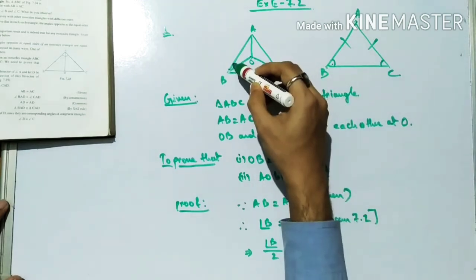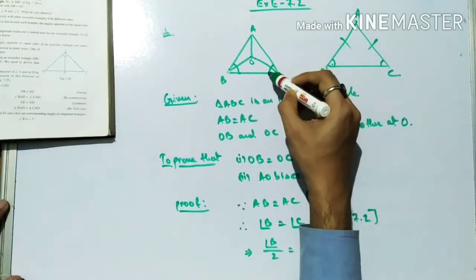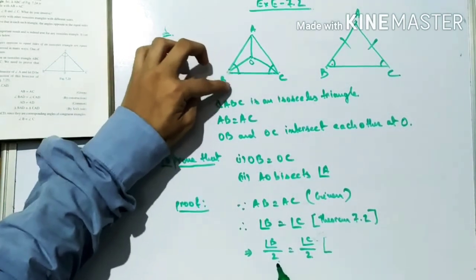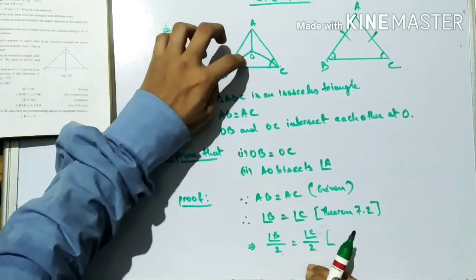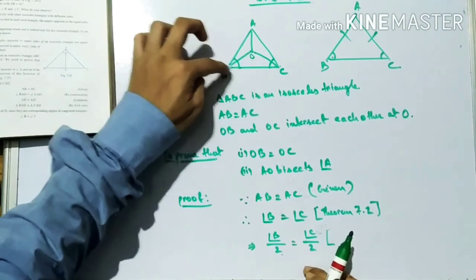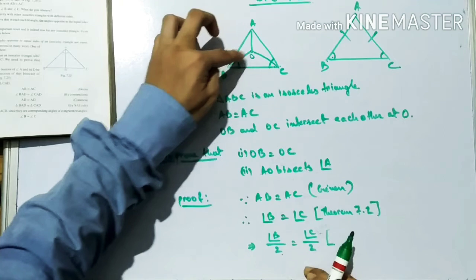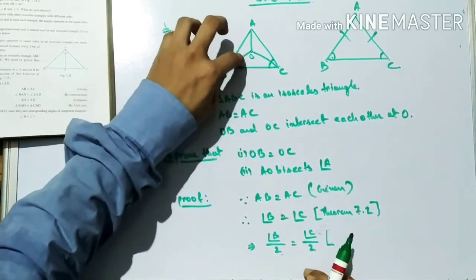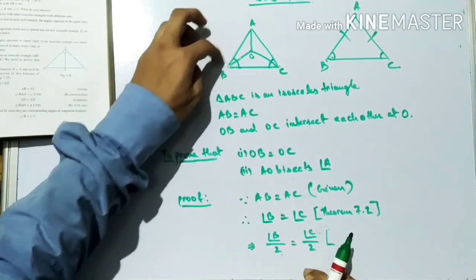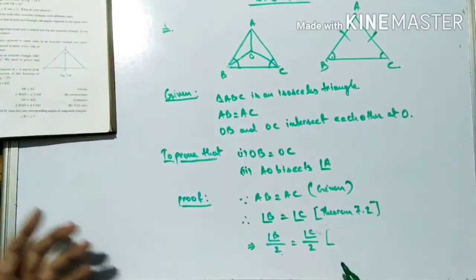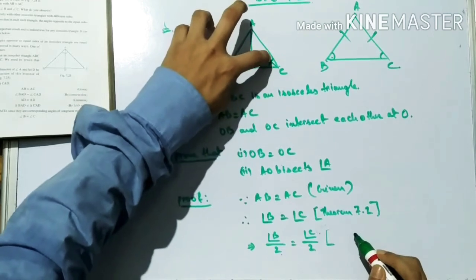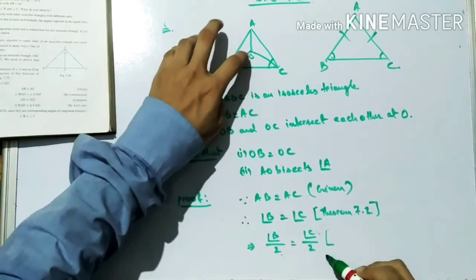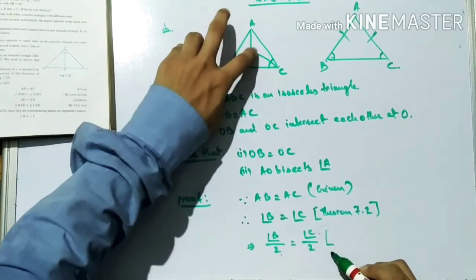So this whole angle B, if I divide it by 2, then either I can take OBC, or I can take OBA, because OBA and OBC will be equal since OB bisects angle B. And angle C is this whole angle C, and if I divide it by 2, then either I can write OCB or I can write OCA.